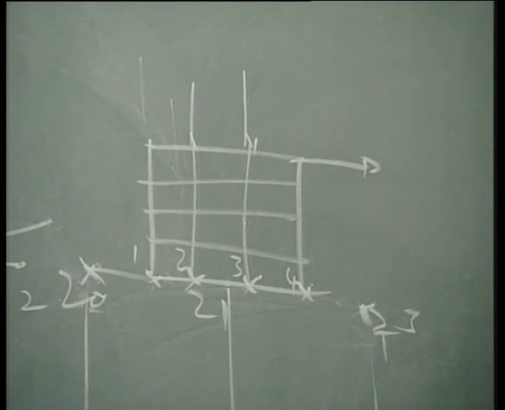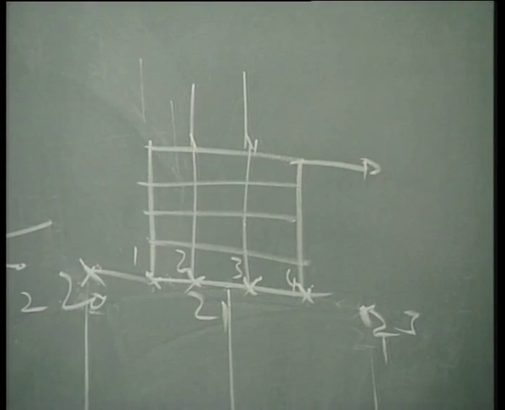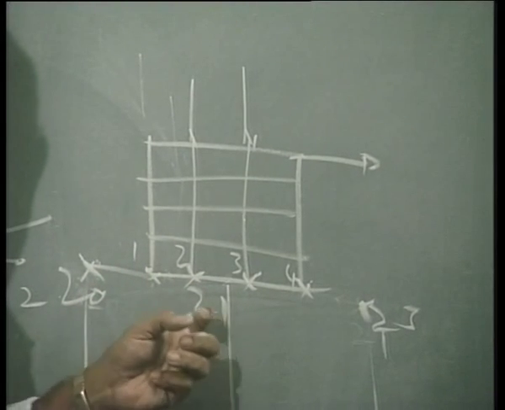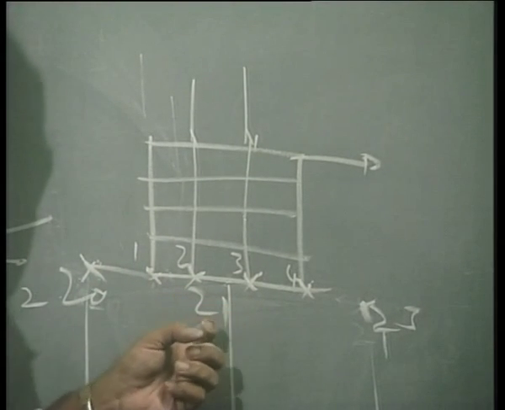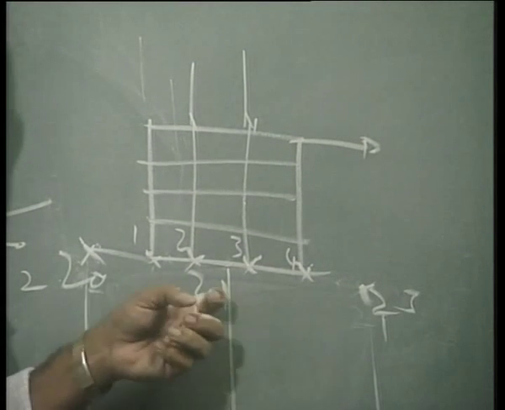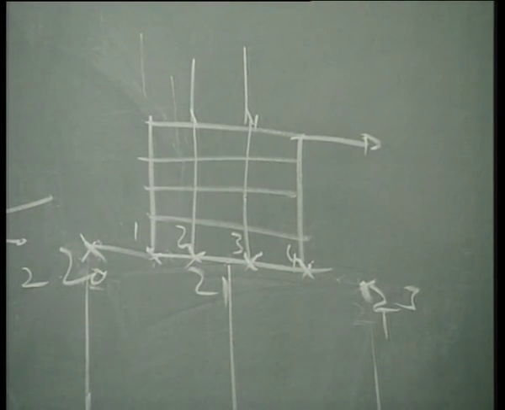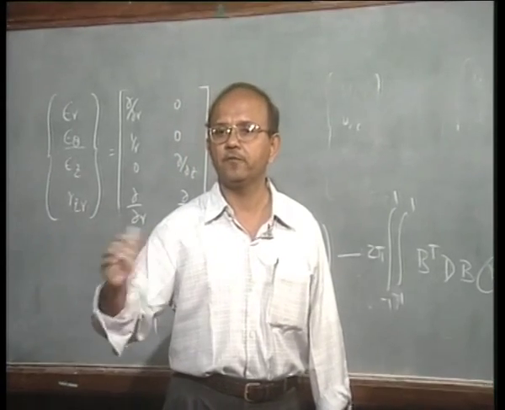Now, what will happen? The node 2, which was under the influence of segment 20-21, may move to the other segment 21-23. That is why you define it as a complete surface.